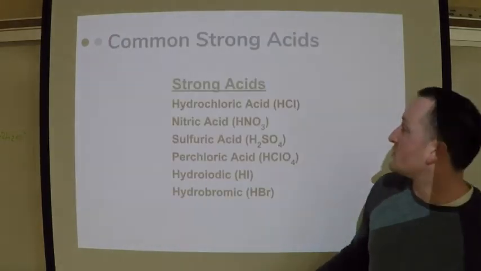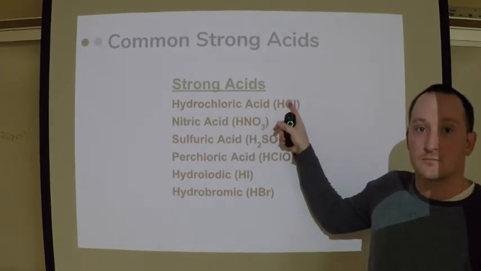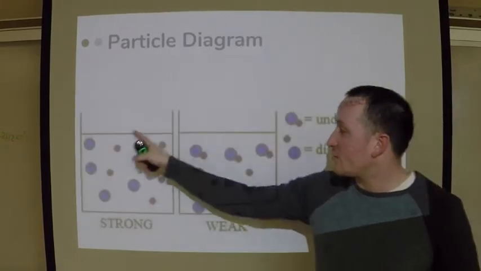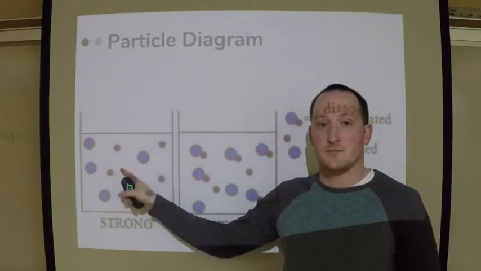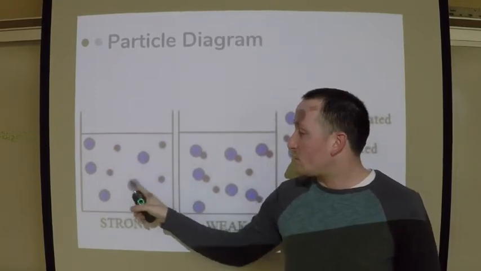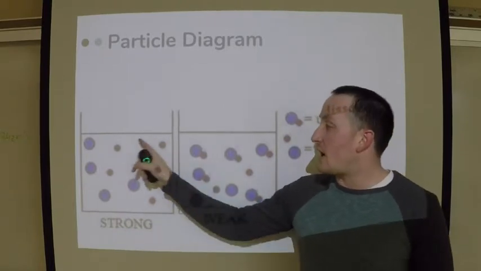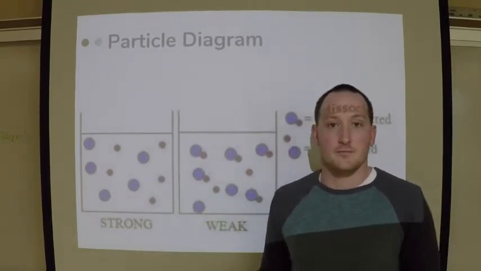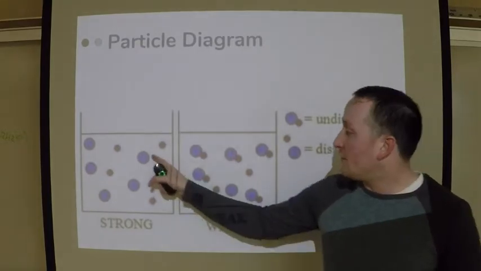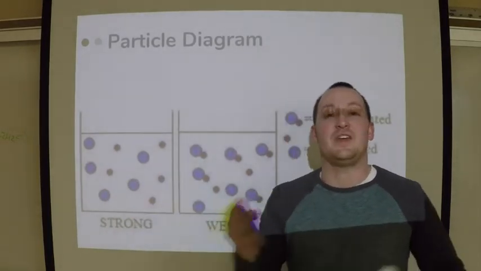So let's pick a strong acid. Let's say it's HCl. Let's say that this over here is our strong acid. Each one of these red dots would represent hydrogen, so each one would be an H plus ion. Then these other blue things would be the anion.